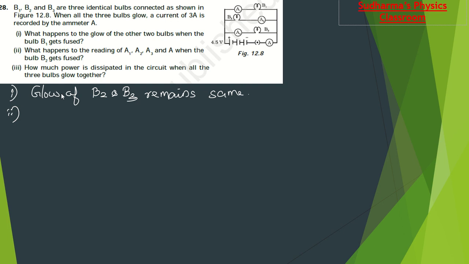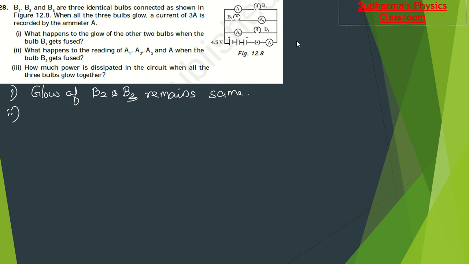Second one: what happens to the reading of A1, A2 and A3 and A when the bulb B2 gets fused? When B2 gets fused, there is no current flowing through the bulb B2. They are all identical, right? When they are all identical, there were 3.